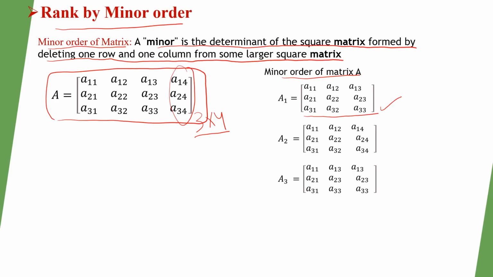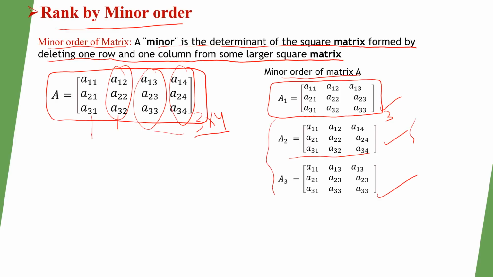So this is a minor of order 3 for matrix A. Similarly, if we delete the second column, we obtain a matrix A2, and if we delete the third column, we get a matrix A3. In a similar manner we can also delete the first column and keep the rest as it is, so we get another matrix. These are the minors of order 3 cross 3.